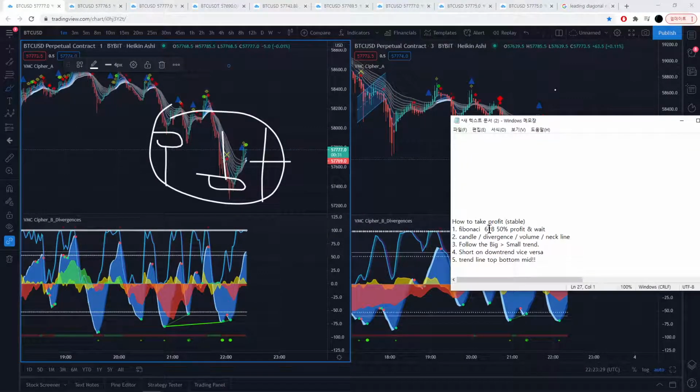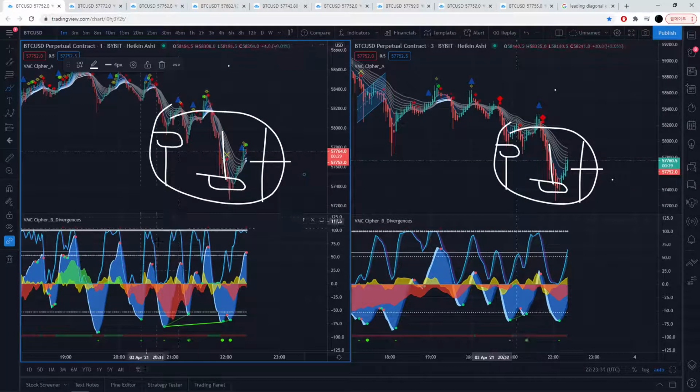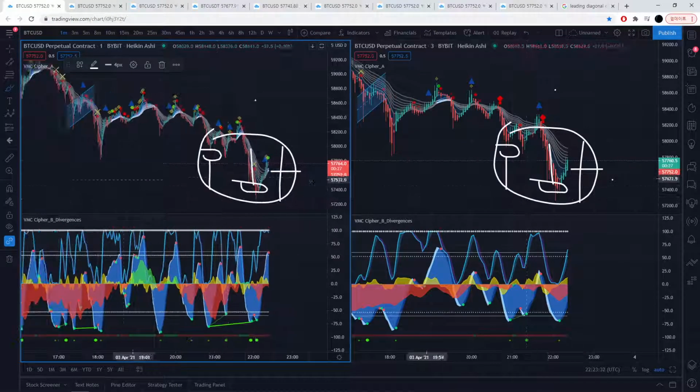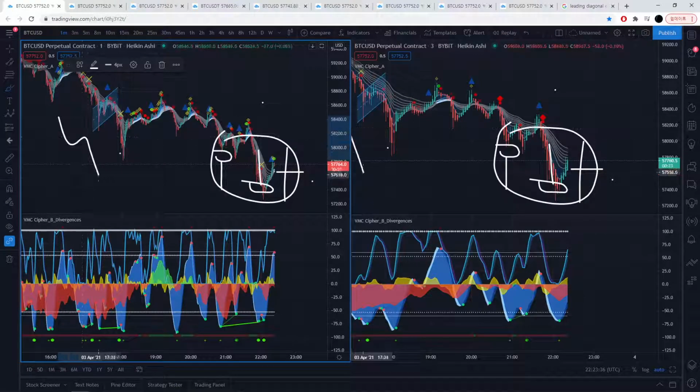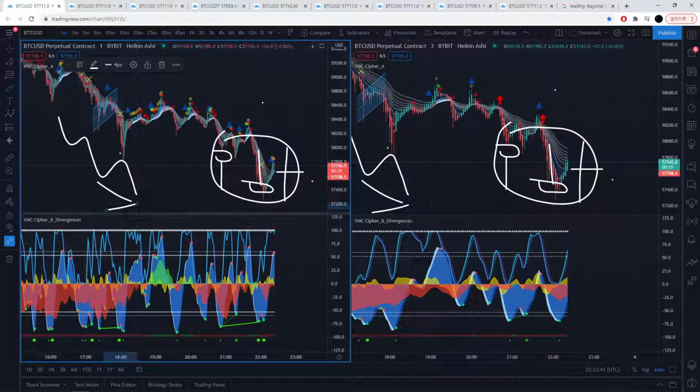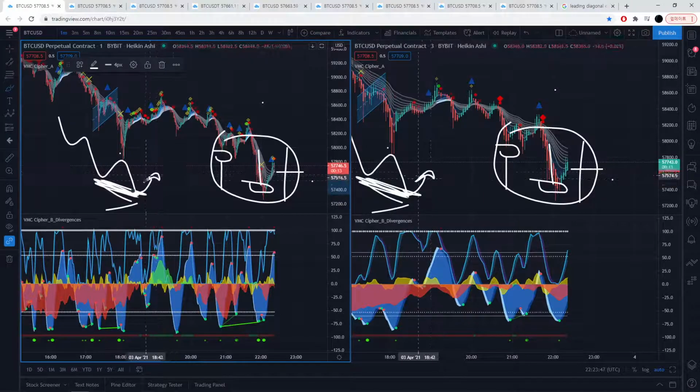Okay, number two is divergence and volume. So divergence: once you're in a short position and it's going down, but once you see a clear divergence, then you can expect there might be an upward trend change.